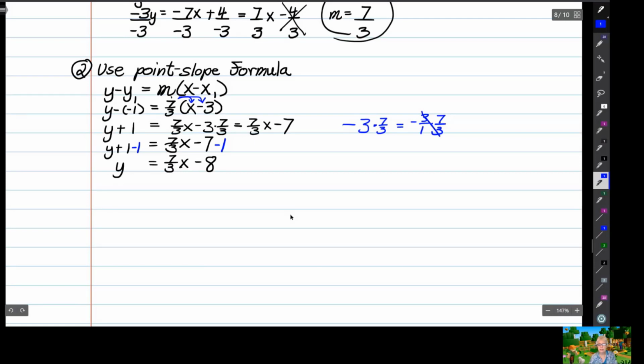But another way to do this is to say 3 divided by 3 is 1, and 3 divided by 1 is 3. So I have -1 over 1 times 7 over 1. That's going to be -7, or minus 7.